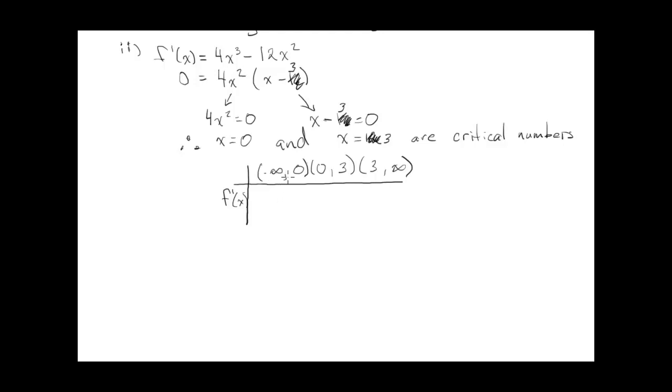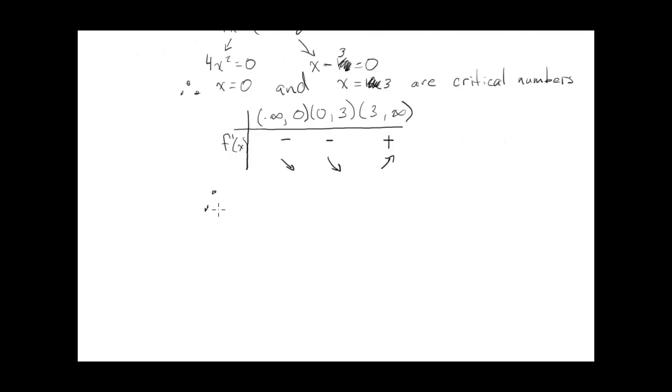So just taking a value of x in this interval and subbing it into the first derivative would give us a negative number. In this interval we'd get a negative number, and here we'd get a positive. So we have a decreasing interval, decreasing interval, and an increasing interval.